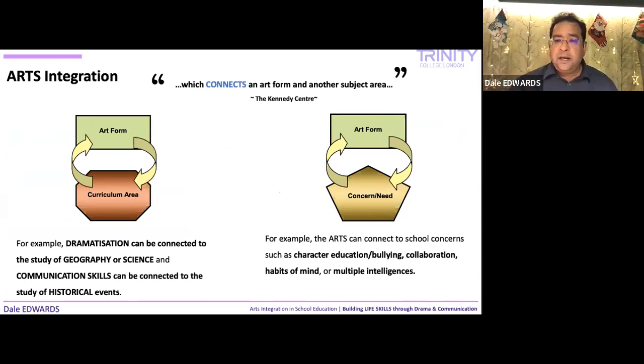Similarly, you can also use the art form for a concern or a need, and this is where Augusto Boal's theater of the masses and theater of the oppressed comes from. The art form is used because there is a need in society. So within schools, we can look at it as drama to highlight character education or collaboration habits, or to develop multiple intelligences.